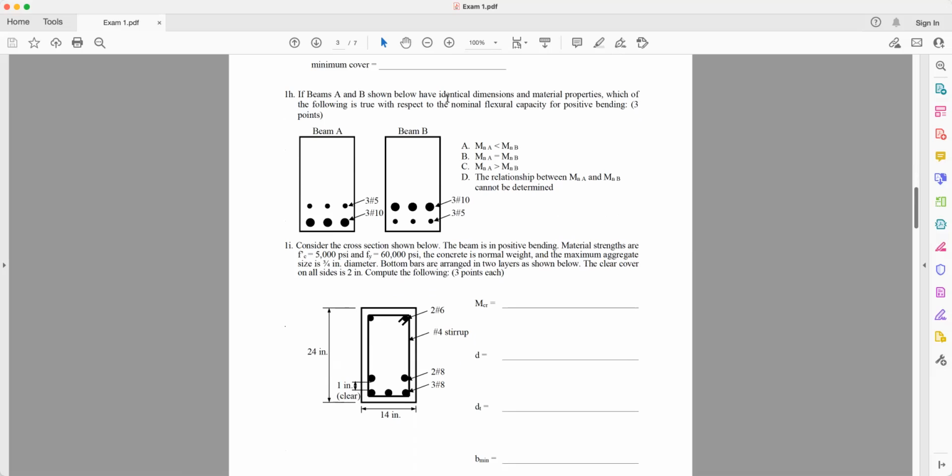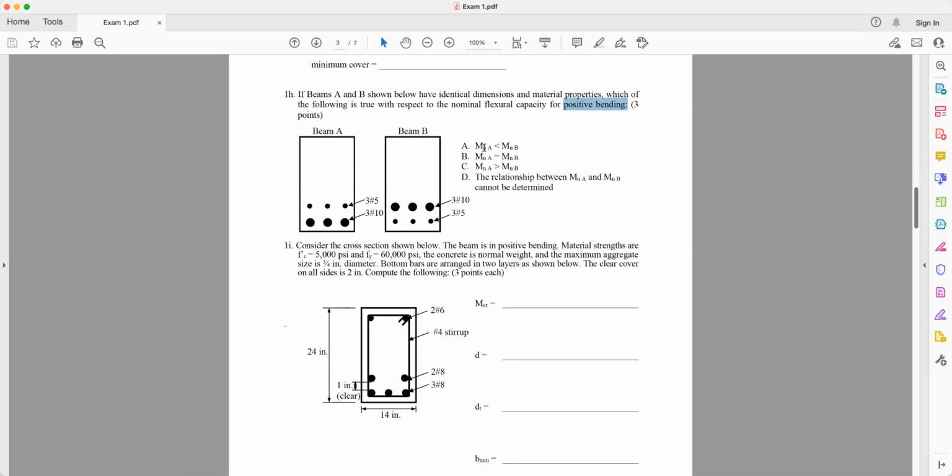Beam A and beam B shown have identical dimensions, meaning the width is the same and the height is the same for both sections, and material properties, both concrete f prime C and steel. Which of the following is true with respect to nominal flexure capacity for positive bending? Be careful. Positive bending means the top is in compression and the bottom is in tension, right?